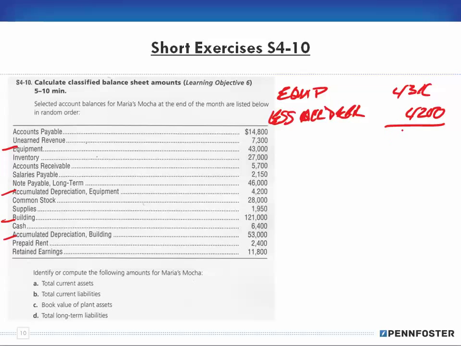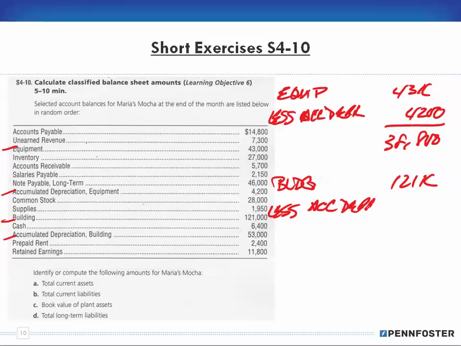And so that would give us $38,800 for the equipment, and for the building, which is 121,000 less the accumulated depreciation of 53,000, gives us 68,000.